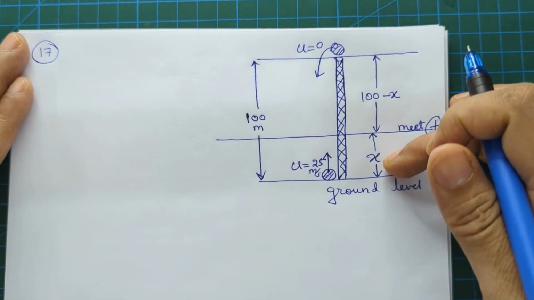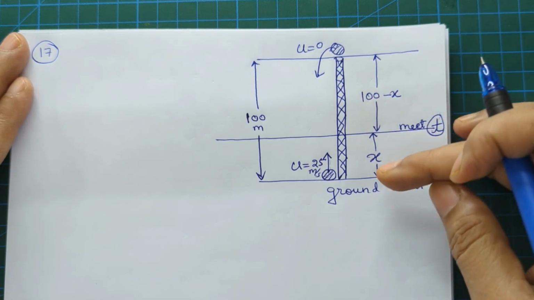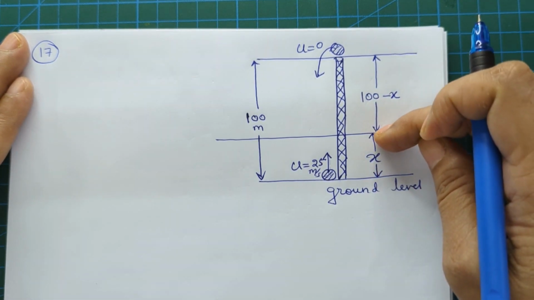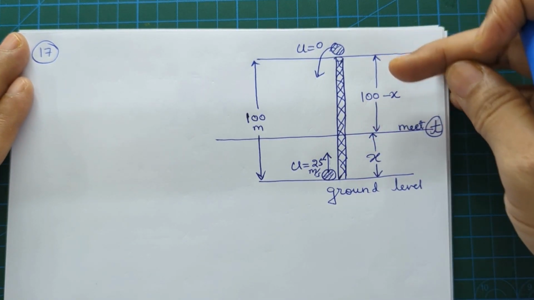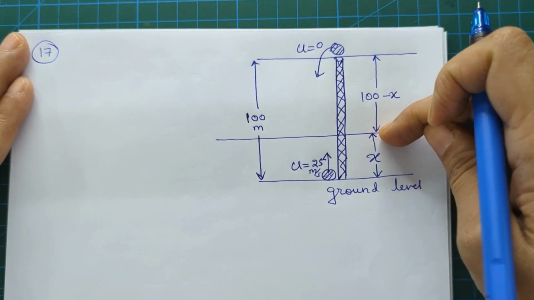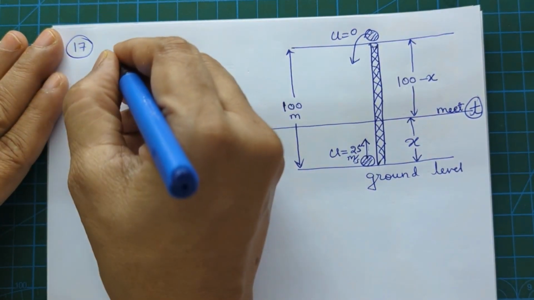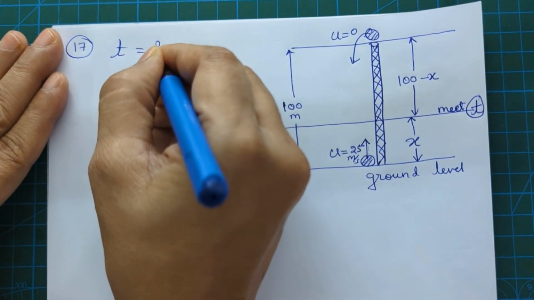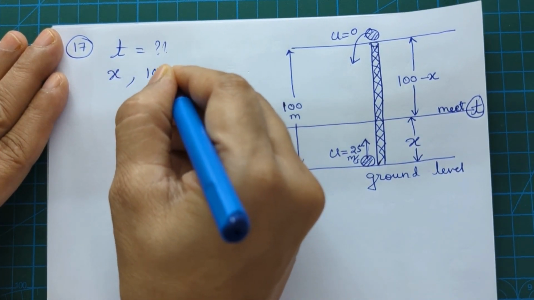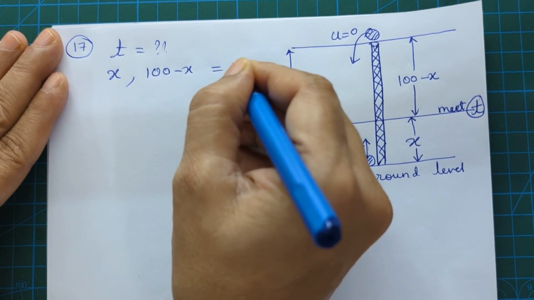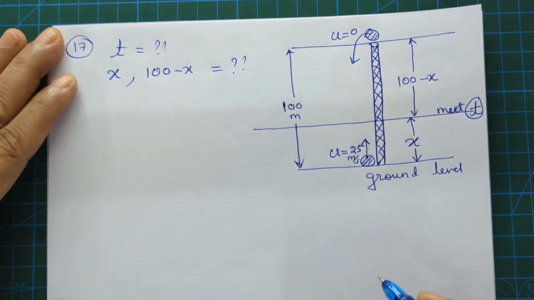So we will find x, then put it here and we'll get 100 minus x, and we'll say that from ground level at this distance the stones met, or from the top it met at 100 minus x distance, but the meeting time is the same. So we are supposed to find the time when they met, and the place, meaning x and 100 minus x meters from ground level as well as the top of the tower.